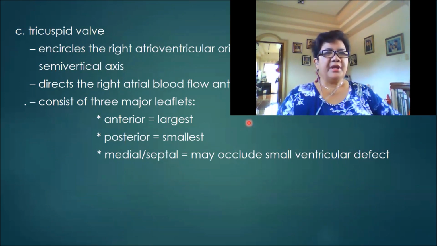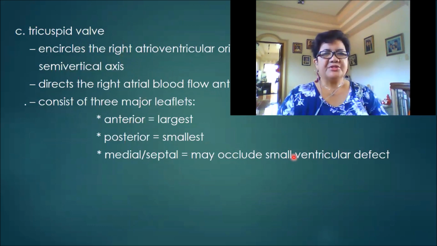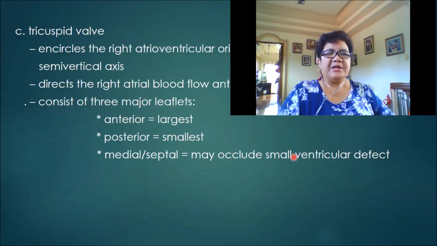Now, there are three leaflets, or three cusps, of the tricuspid valve. So you have an anterior cusp, which is the largest, the posterior cusp, which is the smallest, and the medial or septal cusp, which may occlude a small ventricular defect.